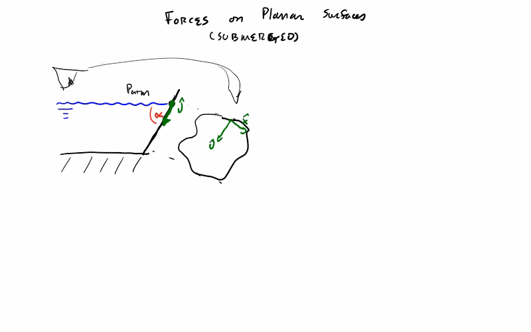Now, there could be another frame of reference, obviously, which is in the direction of gravity. So remember, gravity would be going this way. At some point here, we could have some distance h.